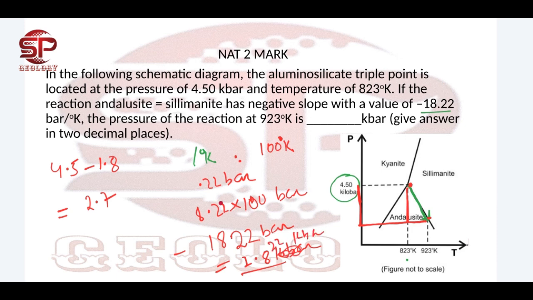It will be 2.678, or you can write 2.67.